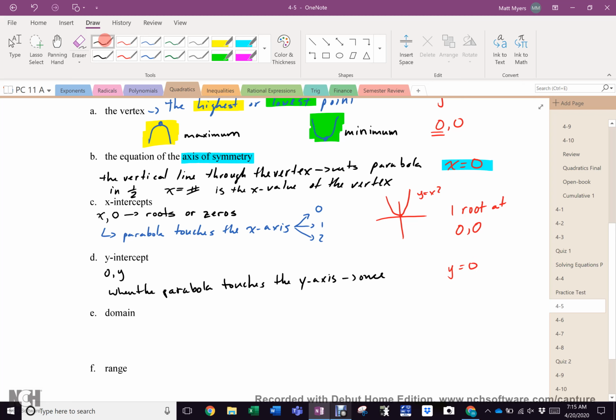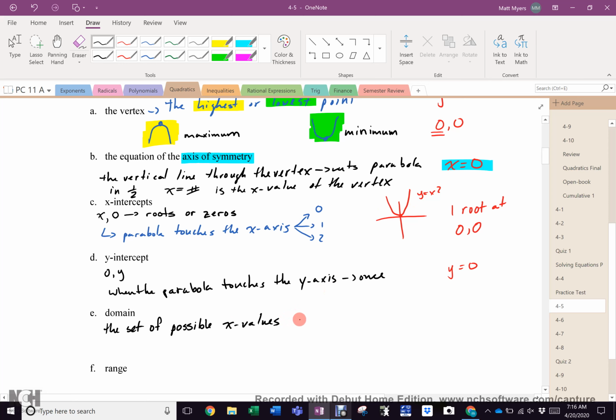Now, we remember the domain from the 10th grade is the set of possible x values. On a regular parabola, we can always put a number in for x. Any number will go there.